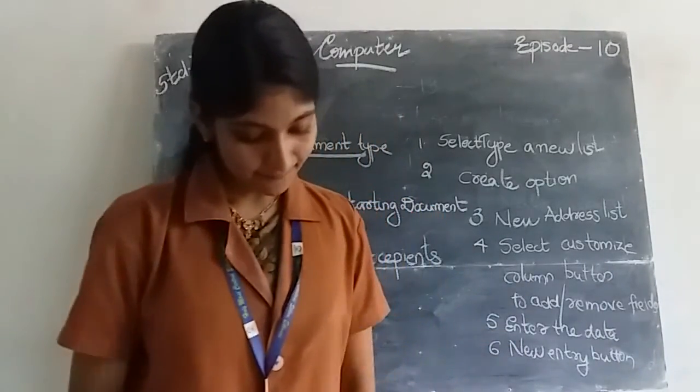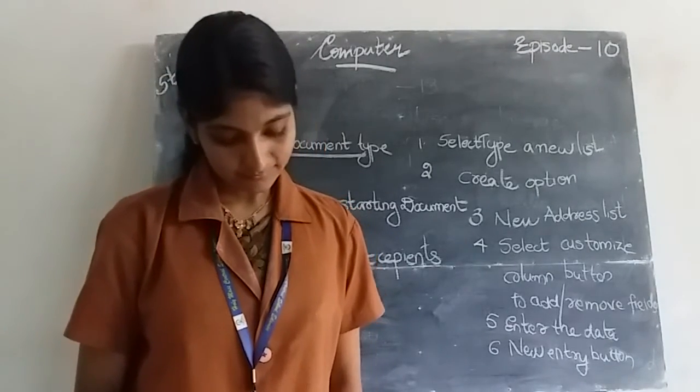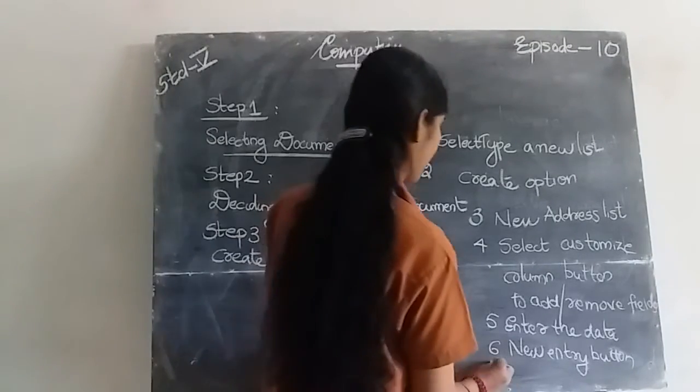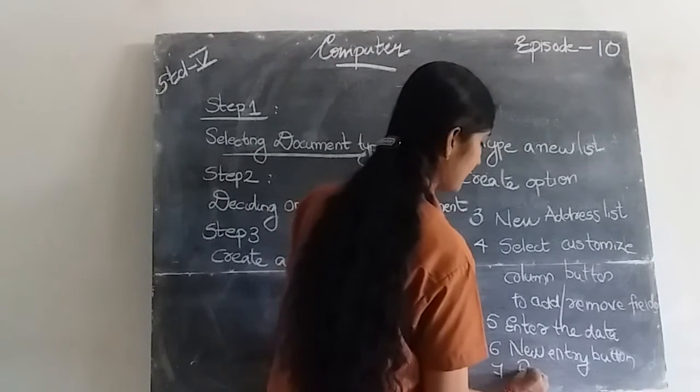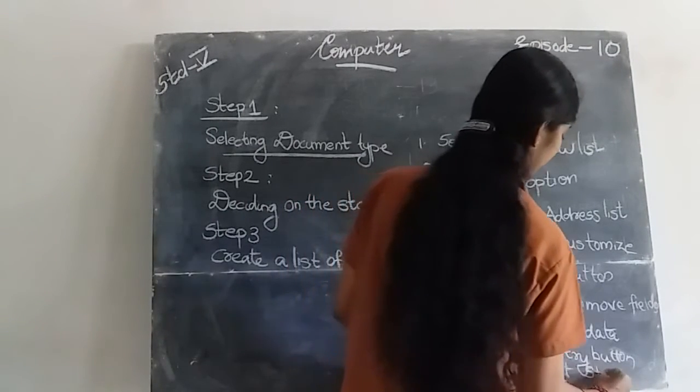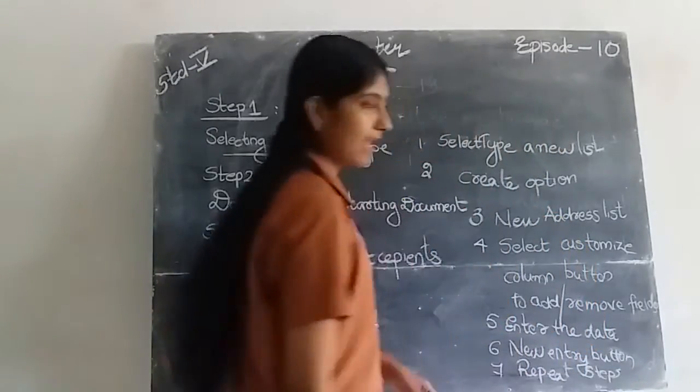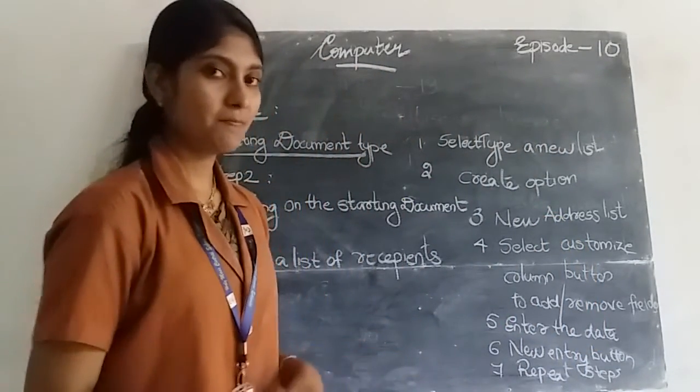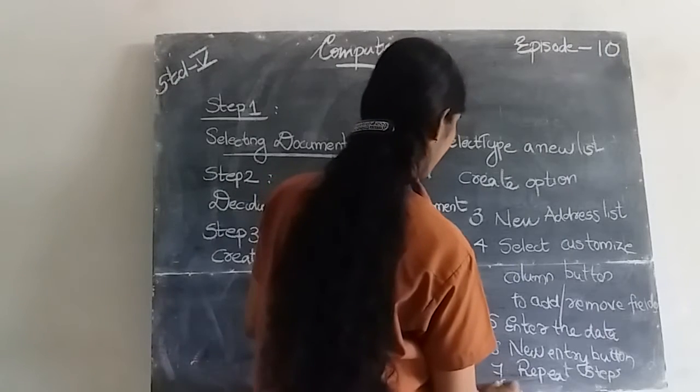Then next is click OK. Repeat the steps and click OK. Repeat the steps means adding more recipients to the list. Then OK.